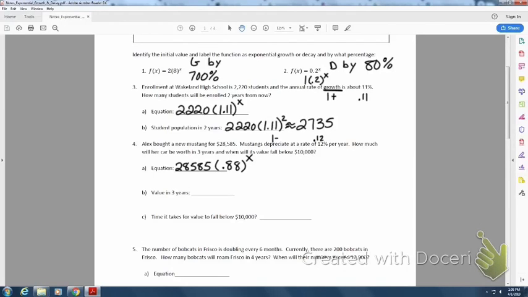On step B, this is whenever I would plug in 3 for x. So Landon, what would the car be worth after 3 years? $19,479 and around 88 cents.